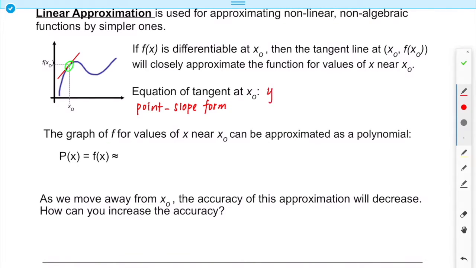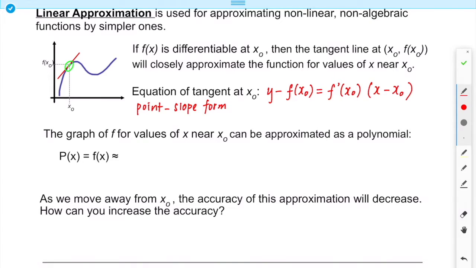So we have y minus the y value at the point, so f of x0, equal to the slope of the tangent, and we know that it is f prime x0 multiplied by x minus x0. We have used this before.